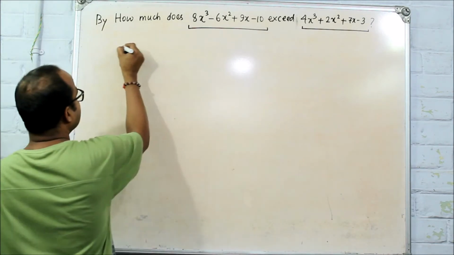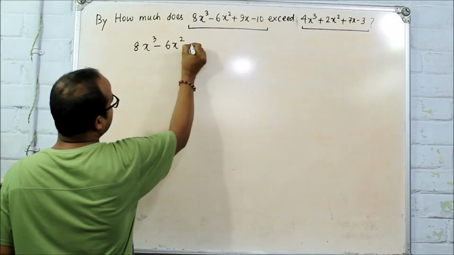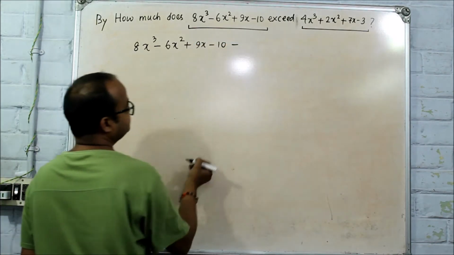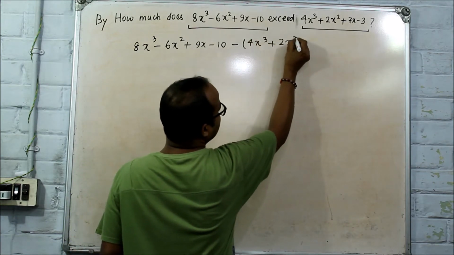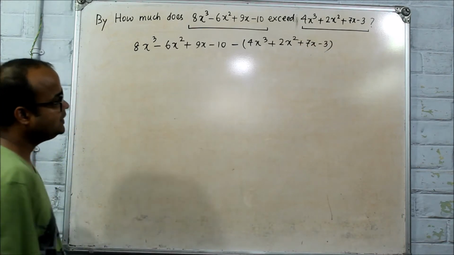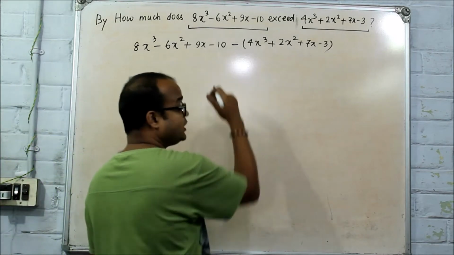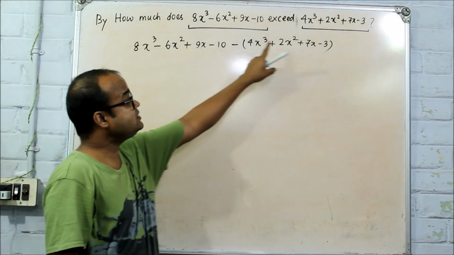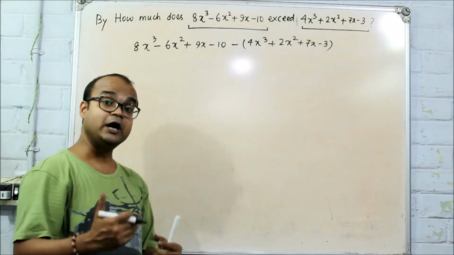So we write 8x cube minus 6x square plus 9x minus 10 minus, and we write 4x cube plus 2x square plus 7x minus 3. Again, I am repeating, requesting you: whenever you are doing subtraction, at the initial stage always put up the bracket sign, so you can avoid errors.